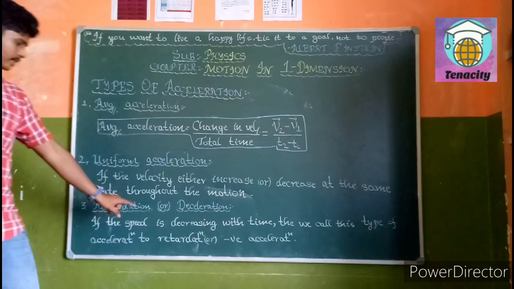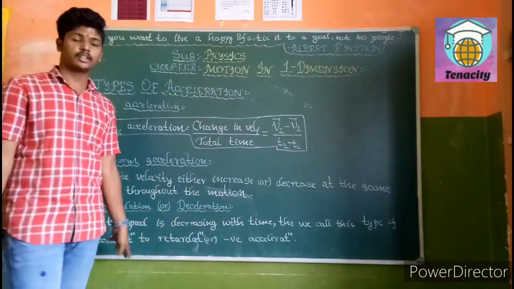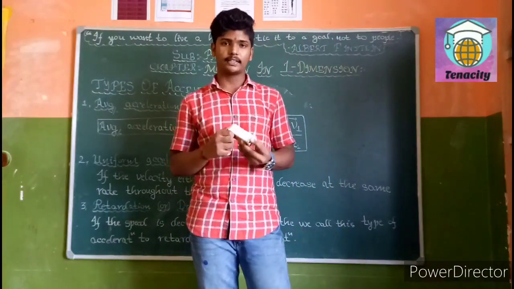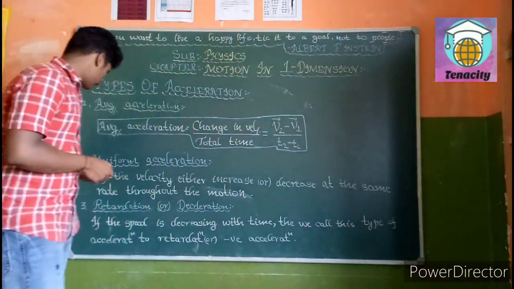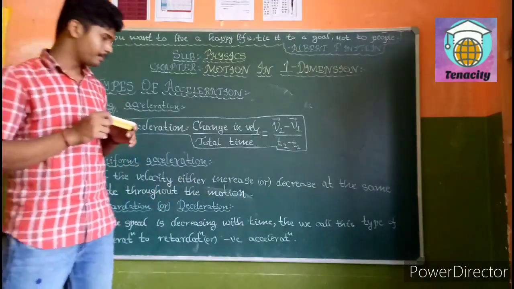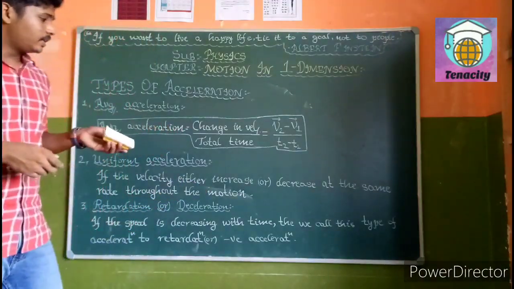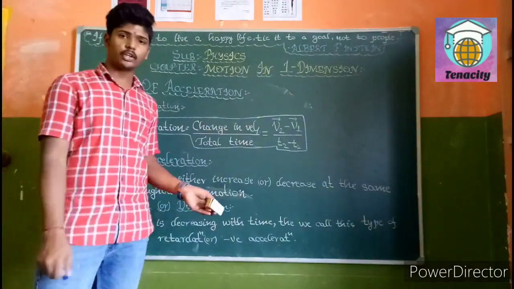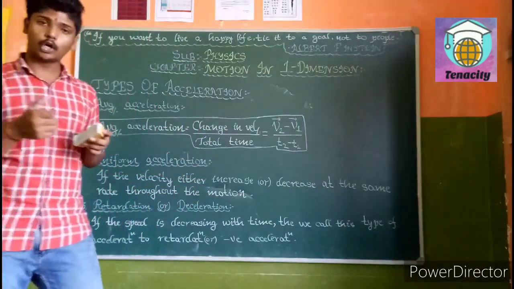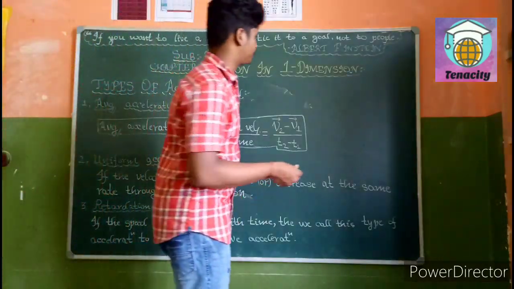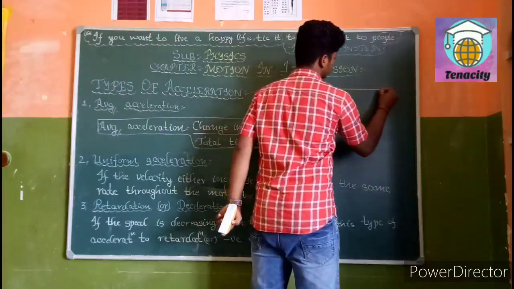Next, let us discuss retardation or deceleration. Retardation or deceleration is negative acceleration. Let us see how. If the speed is decreasing with time, then we call this type of acceleration retardation, negative acceleration or deceleration. I will give you an example.